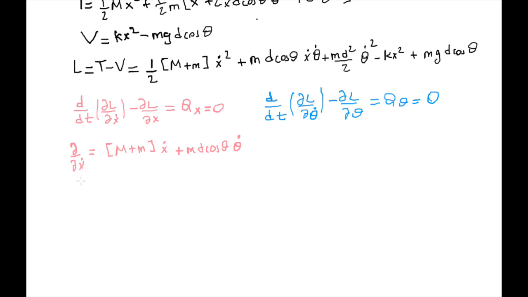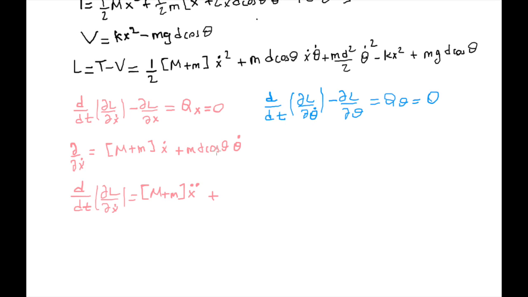Okay, so now I should evaluate d by dt of partial L partial x dot, which is the full time derivative of this expression here. Masses do not change over time, so it's going to be M plus m times x double dot plus. Now be careful: for the first partial derivative I took the partial derivative with respect to x dot, but now I'm taking a full time derivative, so d by dt. Whatever depends on time, I should take the derivative of that quantity.